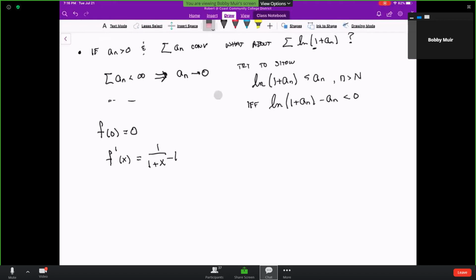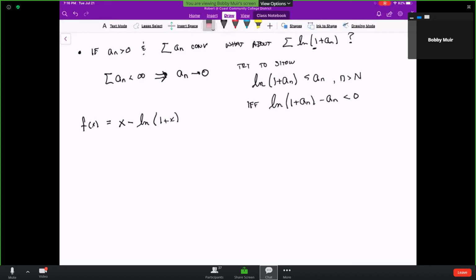Because it's easier to look at it this way, let's switch it. Let f of x be x minus the log of 1 plus x.